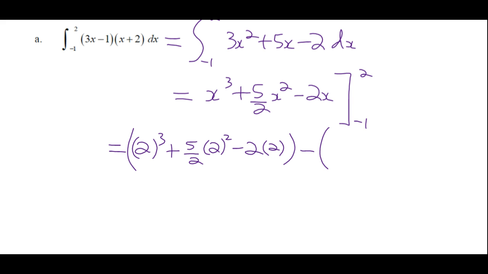So I put in more brackets than are required. Okay, and we've got a couple of choices. Of course, we can just evaluate the first bracket and evaluate the second bracket totally, and then subtract one from the other.